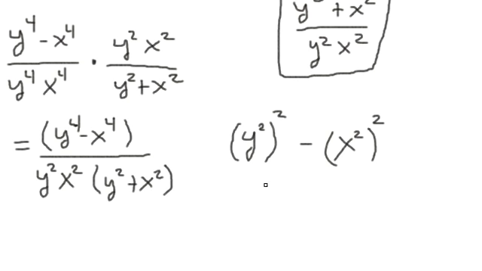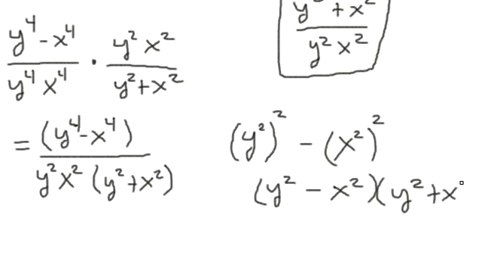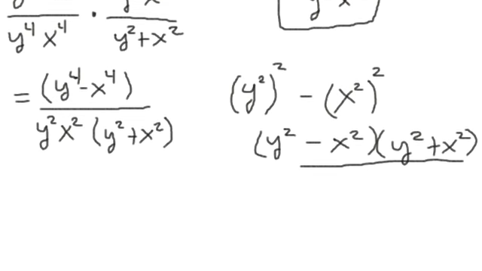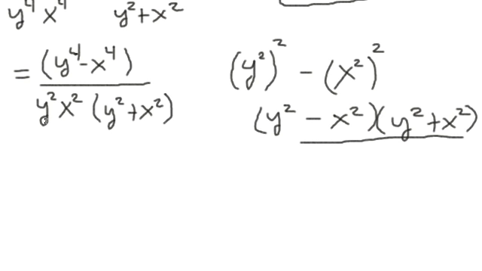So as you can see, we can rewrite this as y squared minus x squared times y squared plus x squared. So we can take this denominator up, or numerator, and rewrite it, and that's what we're going to rewrite it as. And as you can see here, we're going to end up being able to cancel out some stuff.